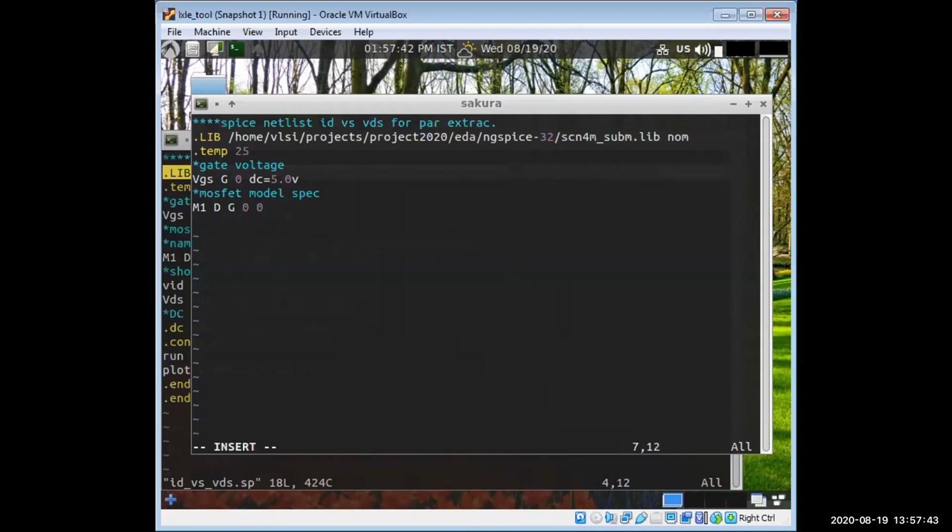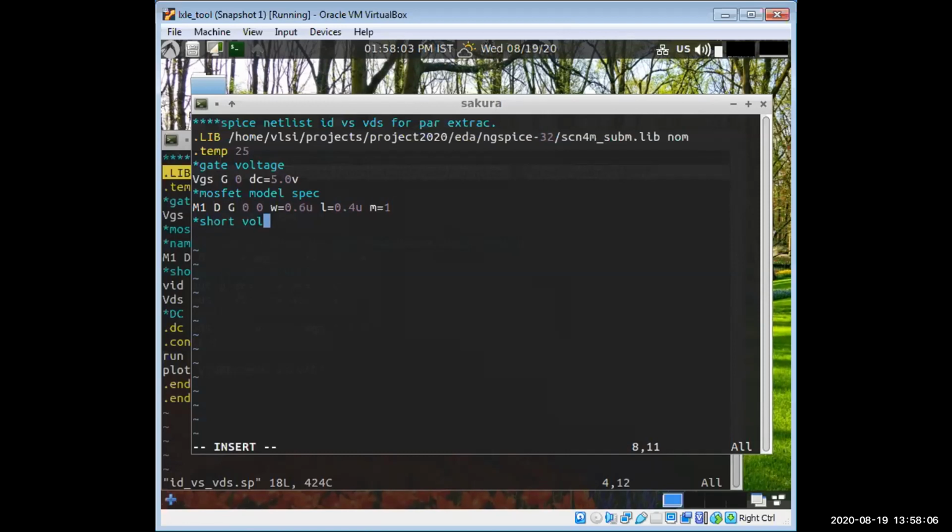Then W is 0.6u and L is 0.4u, M is 1. This explanation was given in the previous lab class, so I don't think I need to explain it again.